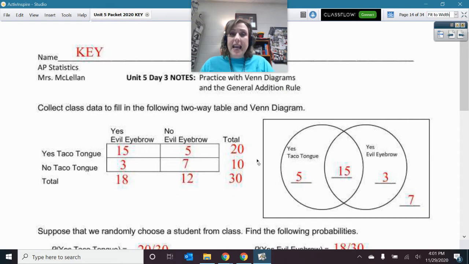Okay, so here we go. There's some data. What I want you to notice is that I like to show you multiple ways of doing things, because people see things in different ways and make sense of them in different ways in their brains. So you've got the option of how to organize your data. I personally like the Venn diagram. It makes sense to me.